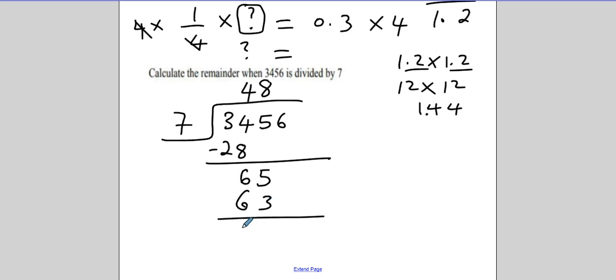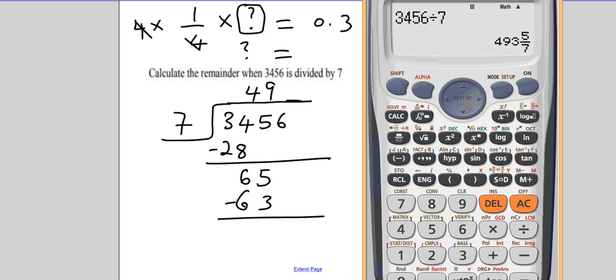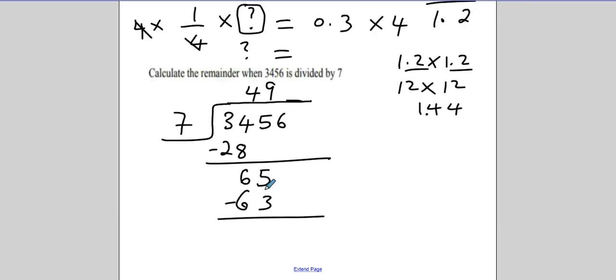Okay, is that correct? No. This we did by 4, and then this is by 9. 9 times 7 is 63. Subtract that, we get 2, drop 6, that's 26. 26 divided by 7 is 3, 21.